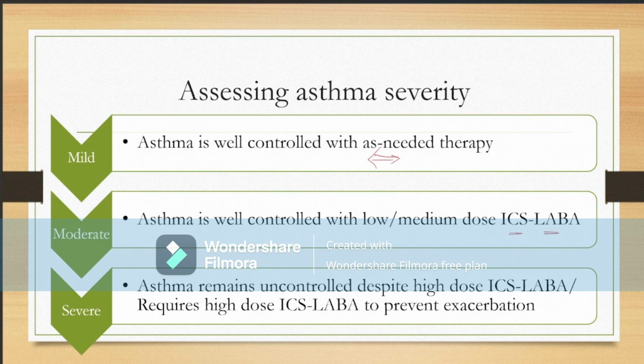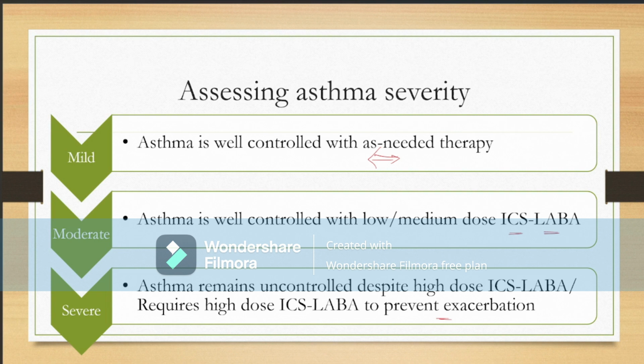Severe asthma means asthma remains uncontrolled despite high dose of inhaled corticosteroid with long-acting beta agonist, or the child is taking high dose ICS-LABA to prevent exacerbation, but the child has symptoms throughout the day.